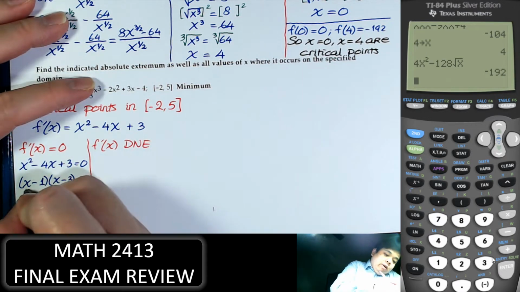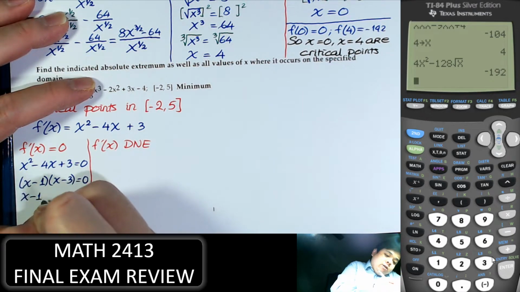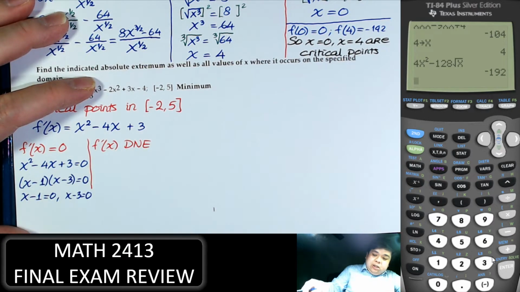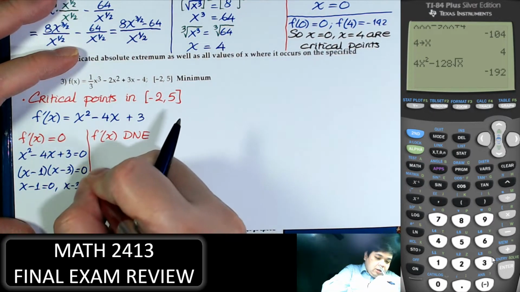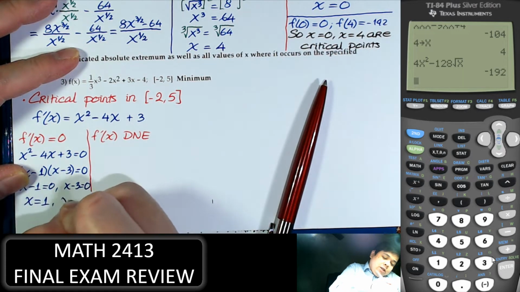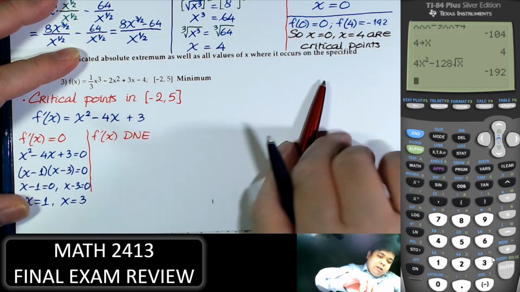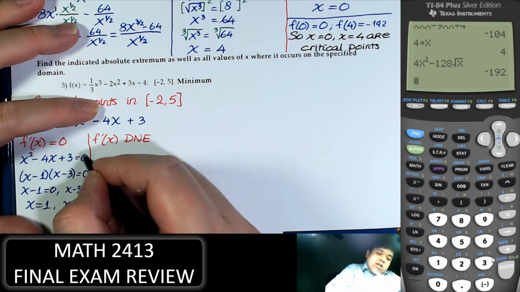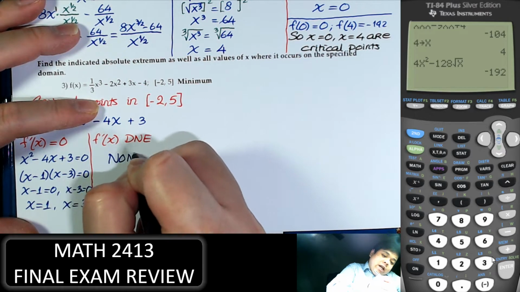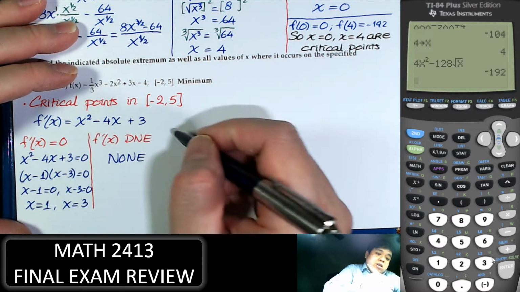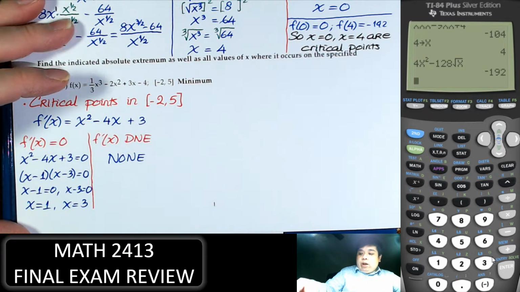So we have x minus 1 equal to 0, x minus 3 equal to 0. So we have x equal to 1, x equal to 3. And then the derivative does-not-exist analysis, there will be none once again, because the derivative is a polynomial, which is defined everywhere.